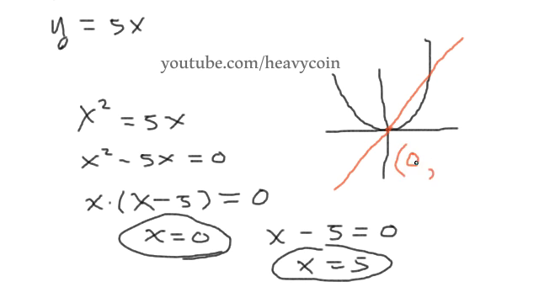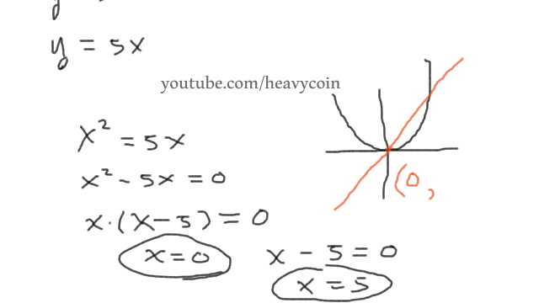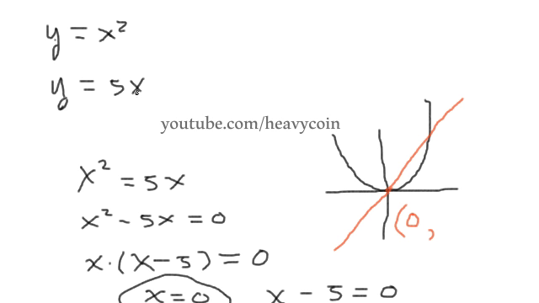So x is 0, and to figure out what y is, we go into either one of these equations. It doesn't matter which one we use. You would just plug 0 in. So 5 times 0, and of course we get 0 out. So that's one of our ordered pairs.